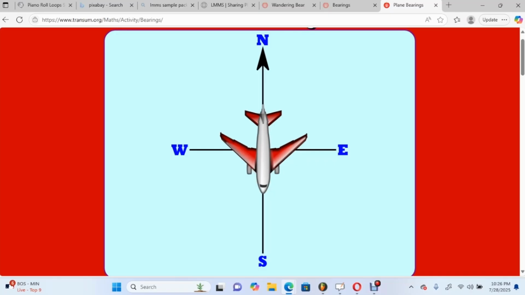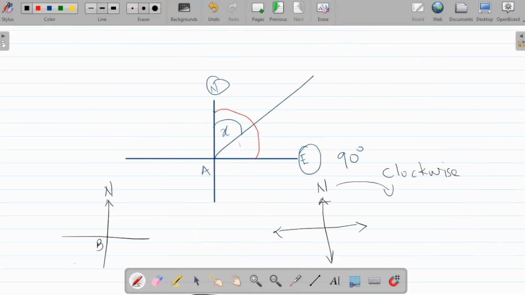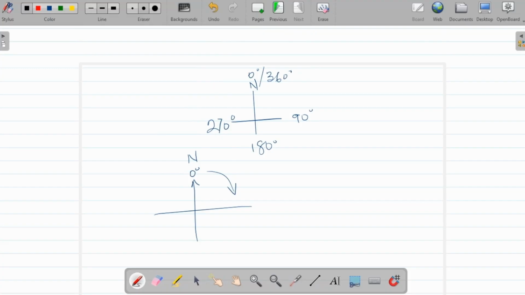From north to east is 90, and from east to south is another 90, which gives 180. So if it is south, the bearing is 180.